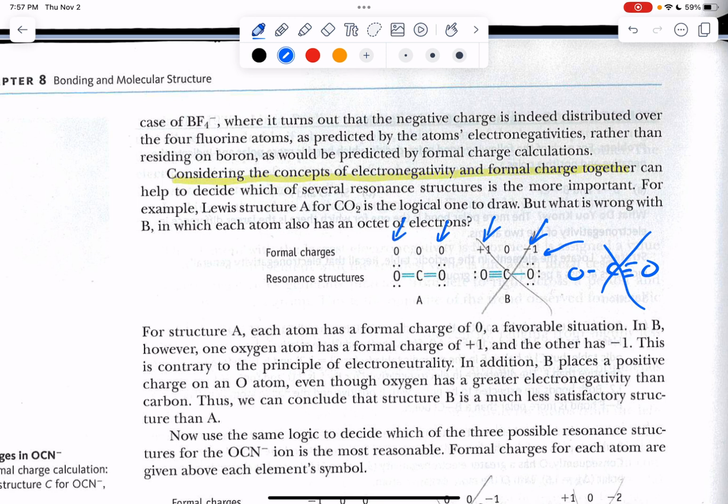So that would mean this structure right here is a better structure for representing the charge distribution around carbon dioxide than the two structures I've crossed out.